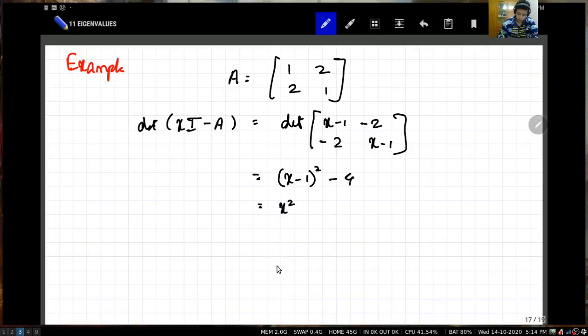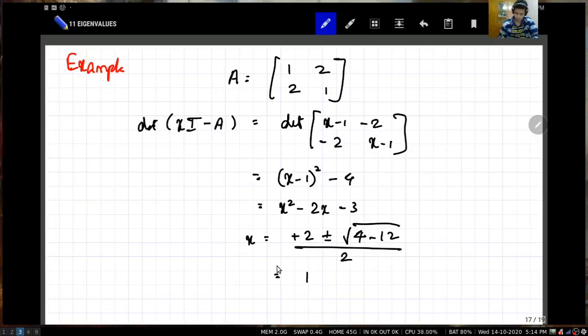This is x squared minus 2x minus 3. So if we try to set this to 0, then the eigenvalues turn out to be 2 plus or minus the square root of 4 minus 12, divided by 2.